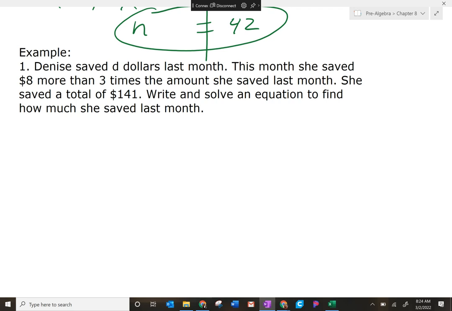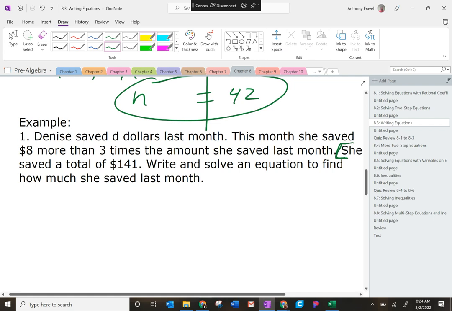So looking at this problem, I'm going to have stuff on one side, I'm going to have stuff on the other side. Can anyone tell me kind of where I put the equal sign and what's going to be on that opposite side of the equation? Austin? 141. Okay, yeah. So you saw right here where it says she saved.